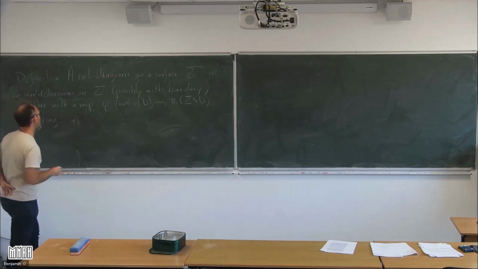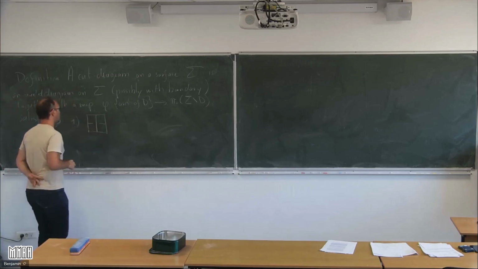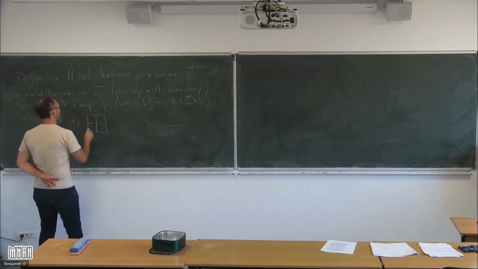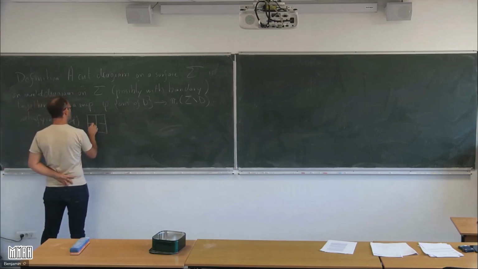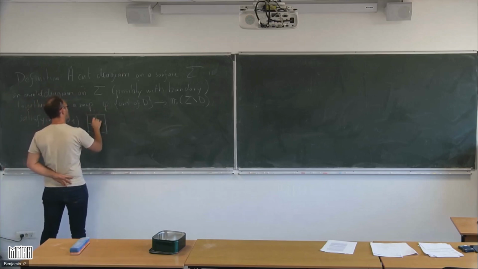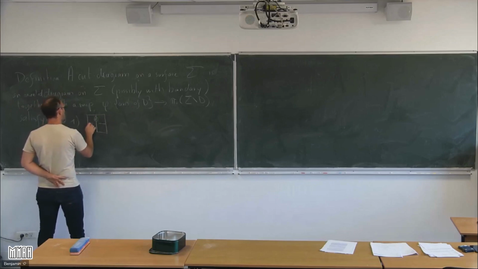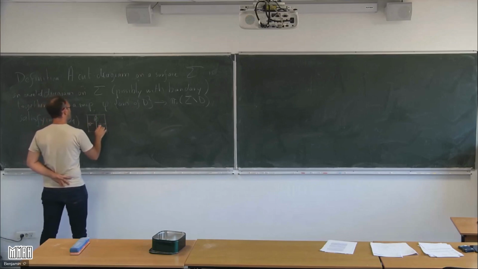First, if somewhere you have a crossing like this, and the overstrand is labeled by some region A, and here you have B and here you have C.